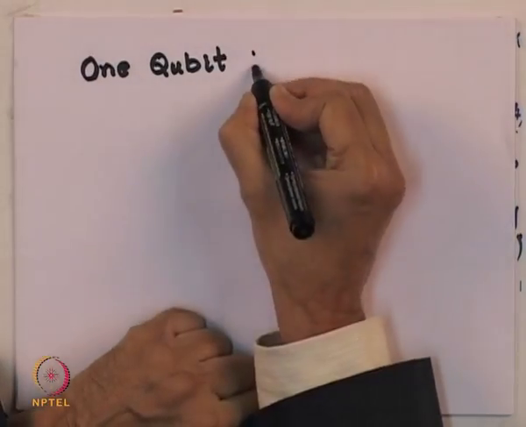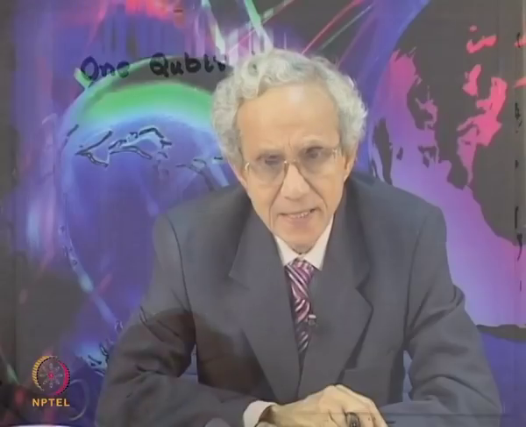So basically, as we have seen, since a single qubit can be represented as a point on a Bloch sphere, all operations which take one point on the Bloch sphere to another, which consists of the rotations and reflections, are permitted.